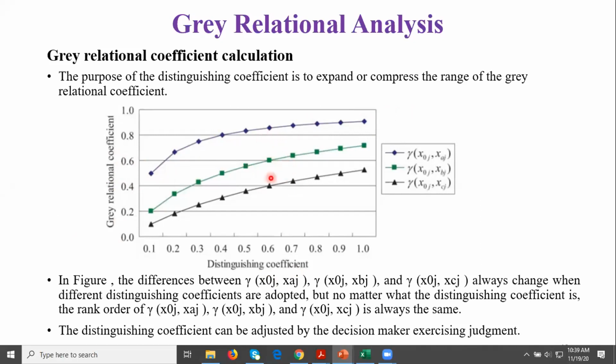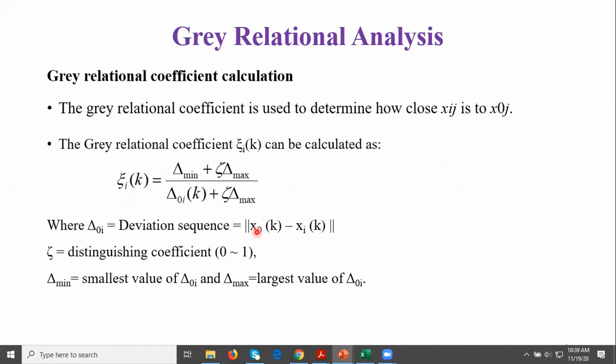You can see this much deviation is occurring, but the sequence and the relation are the same. So from this conclusion, we can take only 0.5, or anything from 0 to 1. That is suggested by Deng's theory, the grey systems.